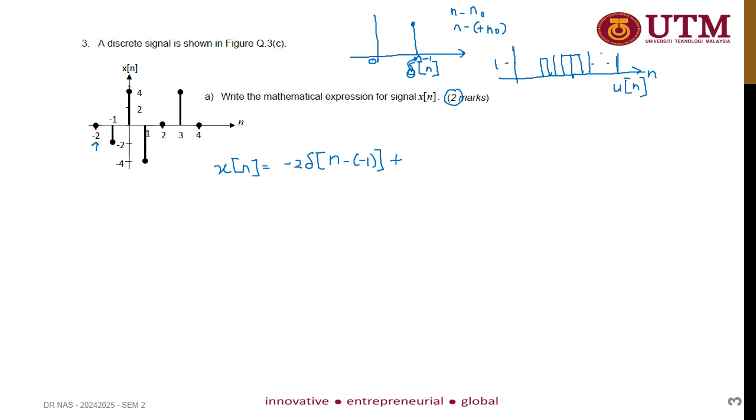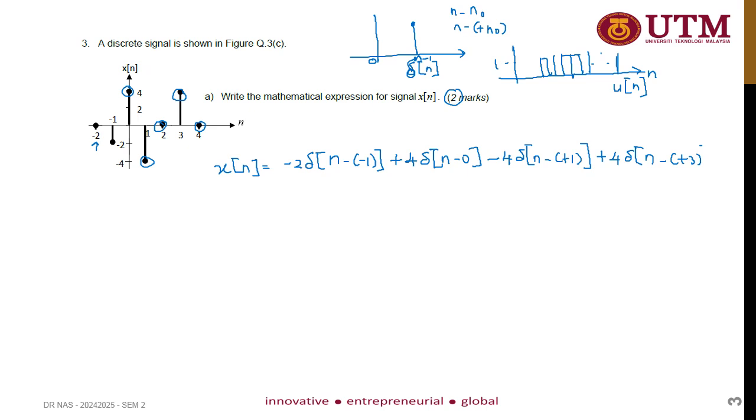and again the delta function for n minus n naught, where n naught is 0 in this case. Next you have a negative 4, and then delta, and its position is n minus positive 1. Then you have 0 here, and also here, and another one here, positive 4 delta n minus positive 3. Then finalize your equation.